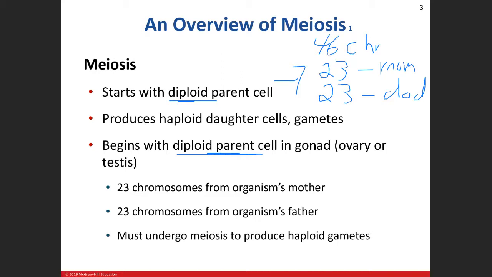So now, when we undergo meiosis here, we're going to wind up with what we call haploid gametes. What does that mean? That means the total chromosome count in those specific cells will be 23. Don't worry about if it comes from mom or if it comes from dad.